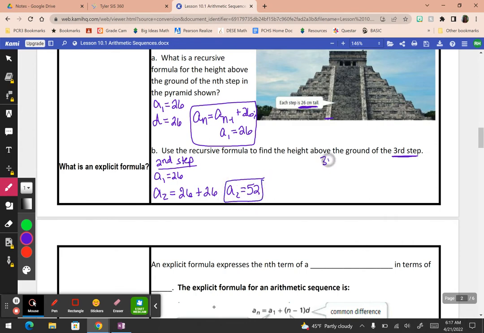So then if I want to do the third step, same thing. I have to do a sub 2, right, to know which one was before it, which was 52. And then for a sub 3, our third step, I would have to do the one before it, which is 52 centimeters tall, plus another 26 centimeters. So our third step would be 78 centimeters tall.